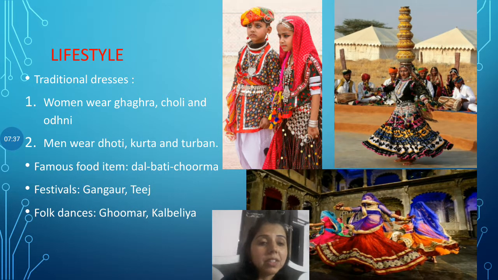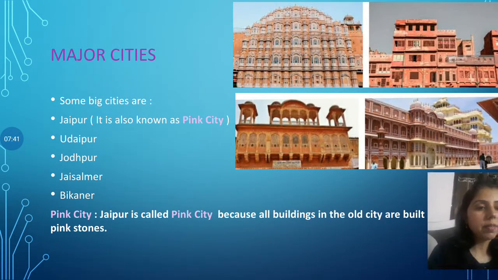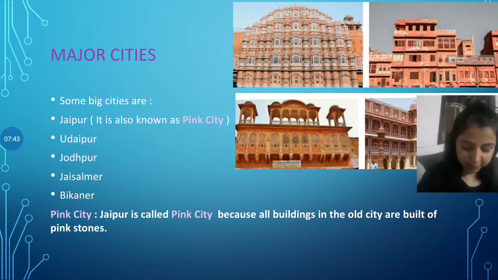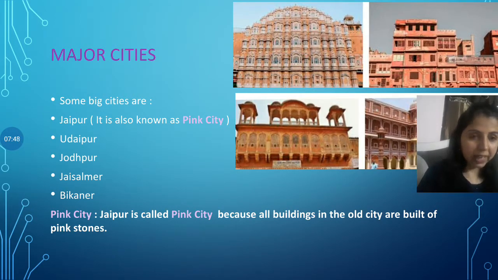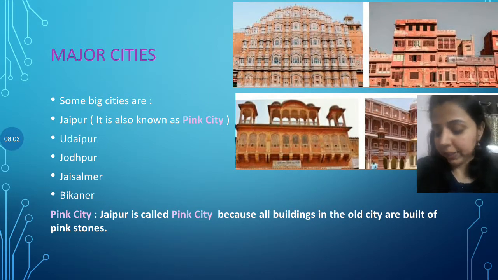Now let's see the major cities or the important cities of Rajasthan or the Thar Desert. Jaipur, Udaipur, Jodhpur, Jaisalmer and Bikaner are some big cities. Jaipur is also called the Pink City. It is called the Pink City because the buildings in the old city are built of pink sandstone.